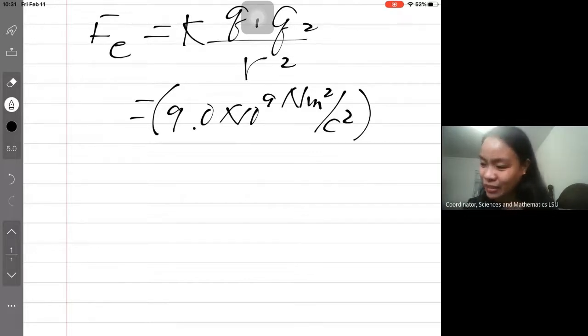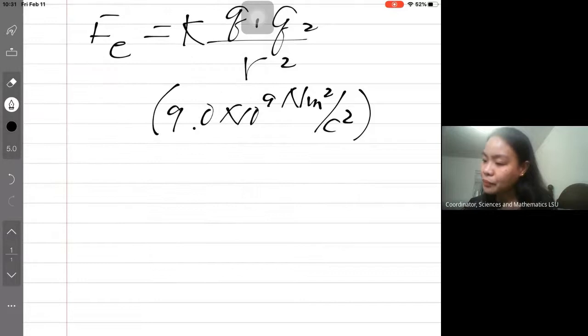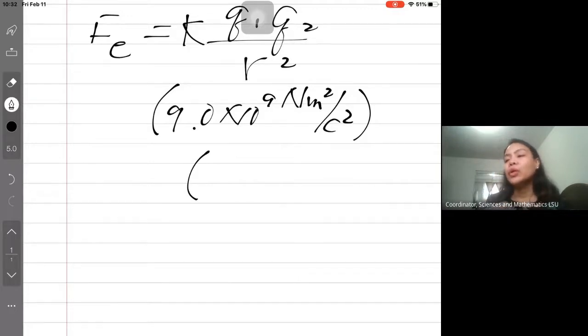Now, times Q1. Just multiply this one. Q1 is 3 microcoulomb, and Q2 is also 3 microcoulomb as in the given. Kindly take note, your Coulomb's constant is having the unit coulomb, so you must have all units in coulomb.